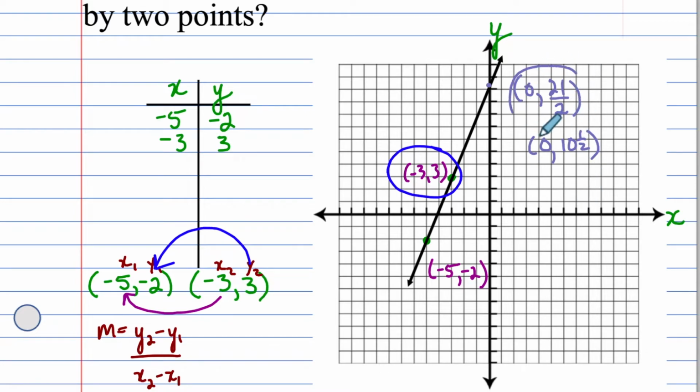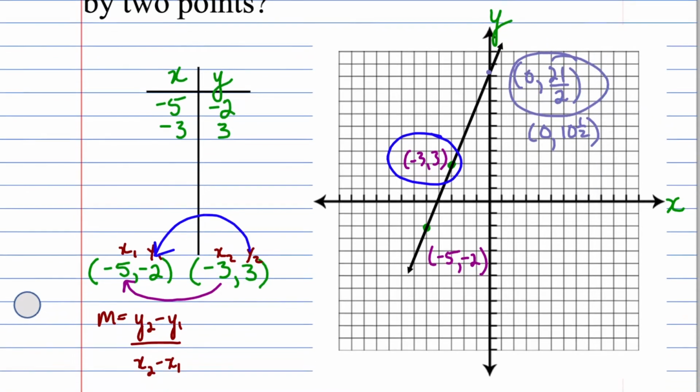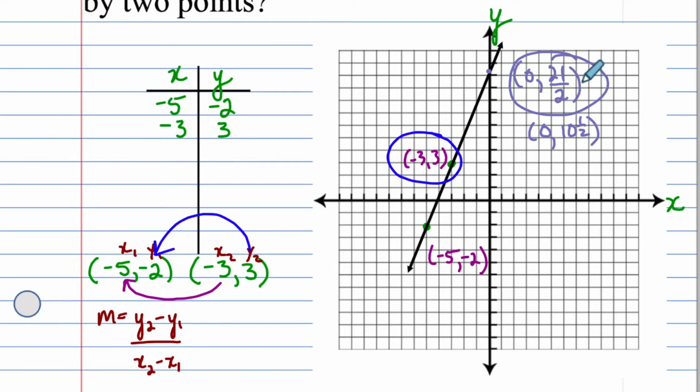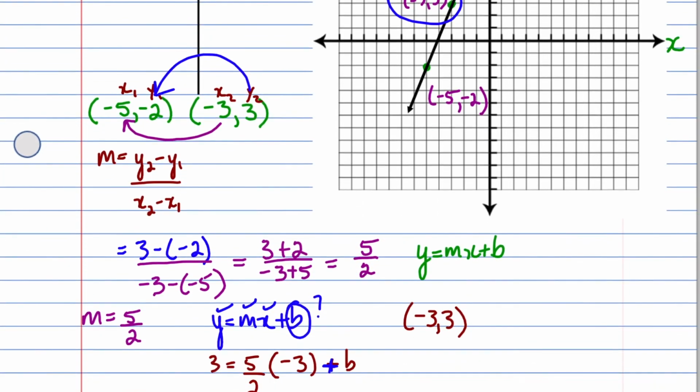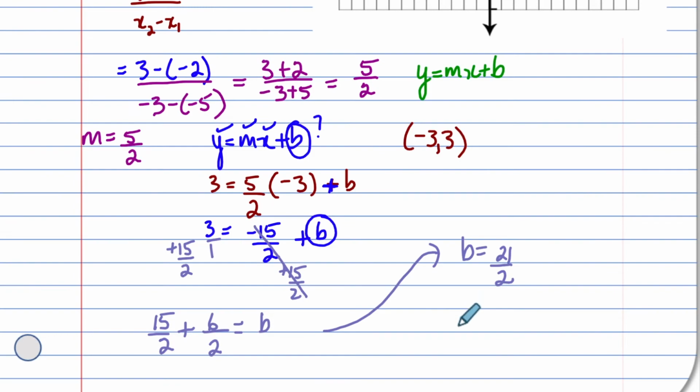But usually we write it this way. In the equation, we definitely write it as an improper fraction. We therefore have y is equal to, the slope we found was 5 over 2 times the x plus 21 over 2. We can use any input for x and we'll be able to find the output, the y value.